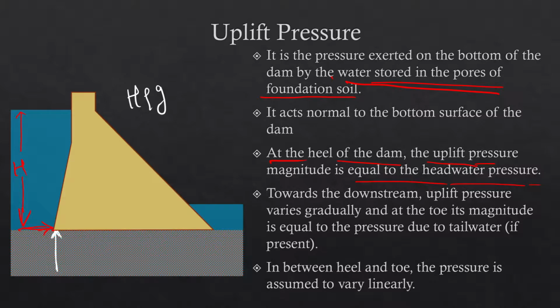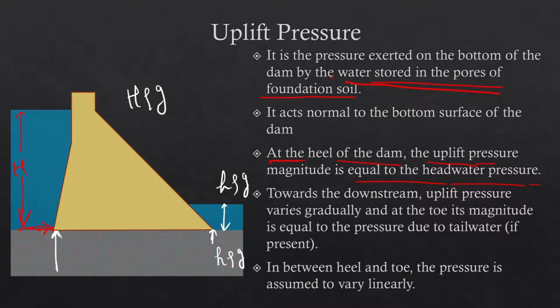Now at this particular point, the pressure is equal to whatever would be exerted by this height of water, which is small h rho G. So at this point, in the upward direction also, the pressure will be small h rho G. So we have found out the pressures at the heel as well as at the toe.